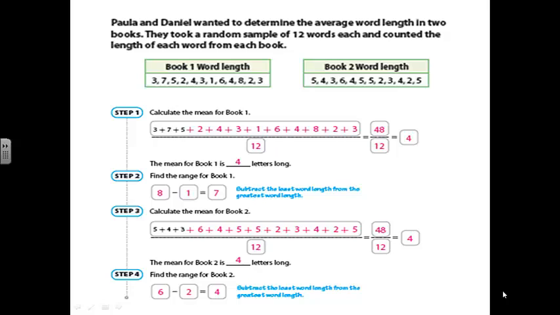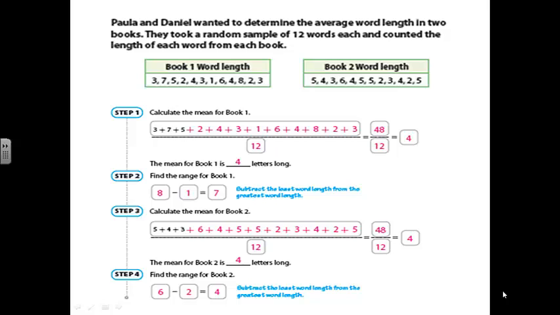And since there are 12 numbers there, we would divide all of that by 12. So when we add that together, we get 48 over 12. So our mean average for the length of words in book 1 would be 4.